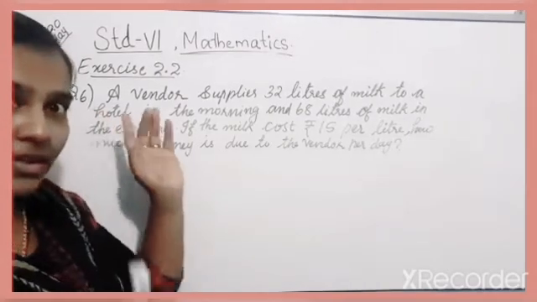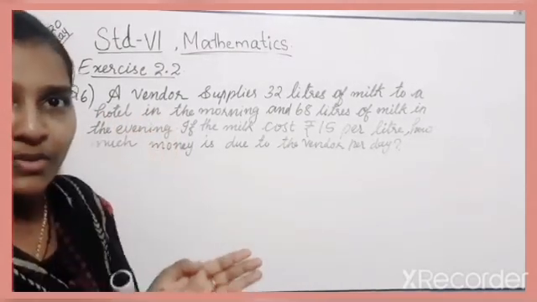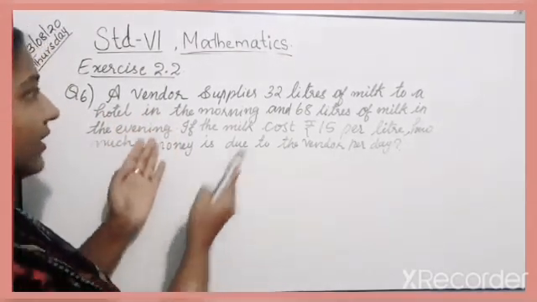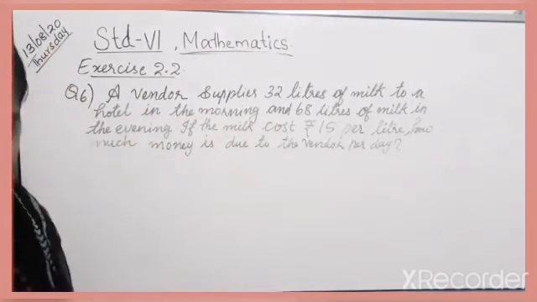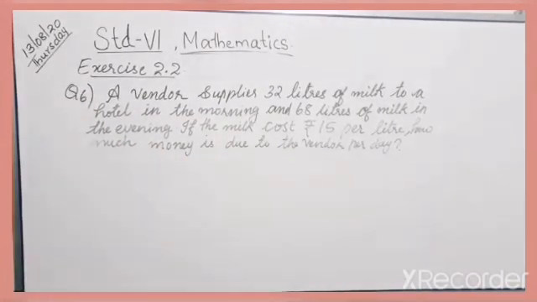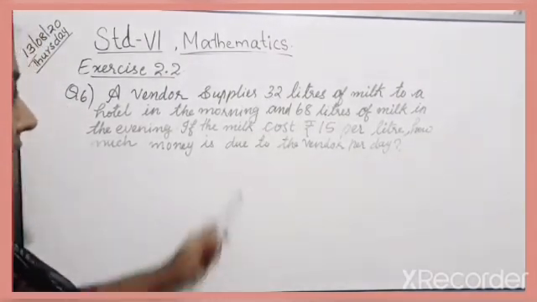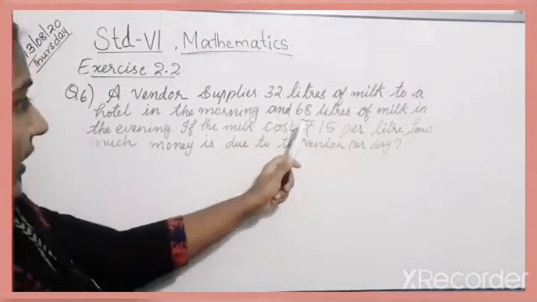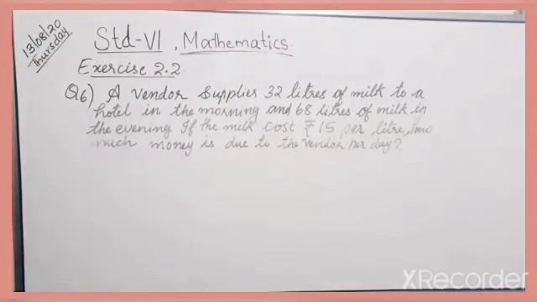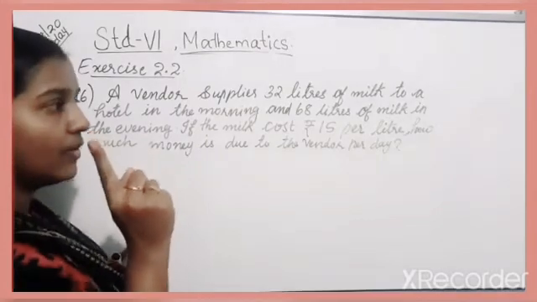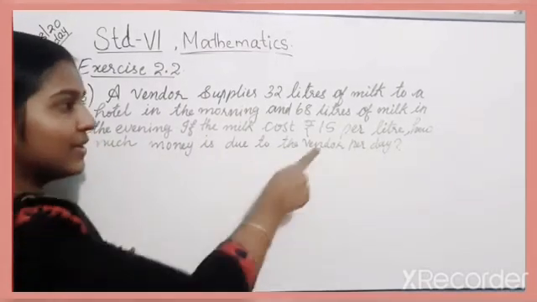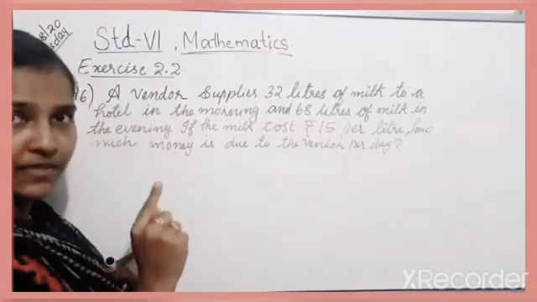There the quantity of petrol was given. Here the quantity of milk is given. In the morning it is 32 liters and in the evening it is 68 liters, and the cost of 1 liter is also given, that is 15 rupees.